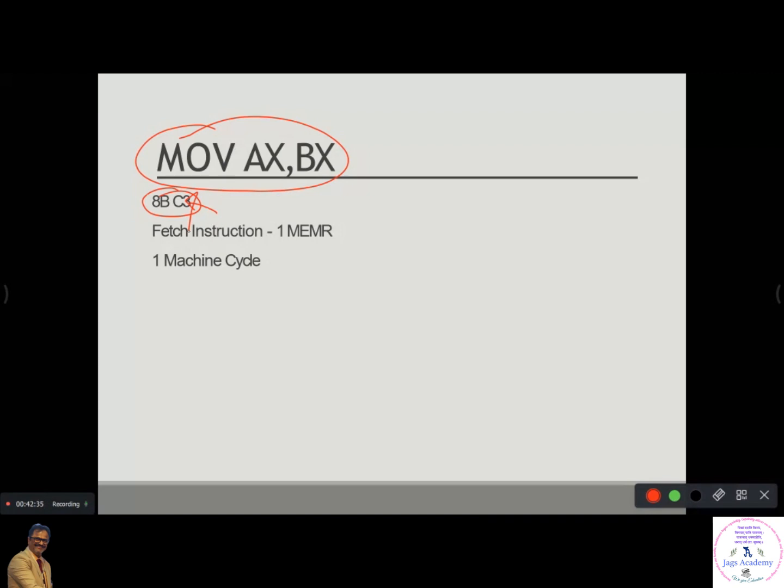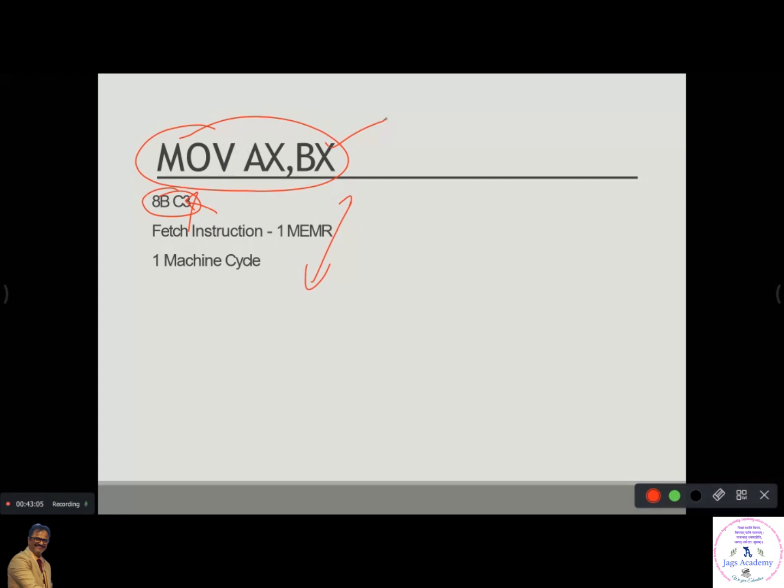Now, what does it do? This particular instruction requires only fetching. That's all. It doesn't have any memory read or memory write. Does this instruction have anything like memory read and memory write? No.